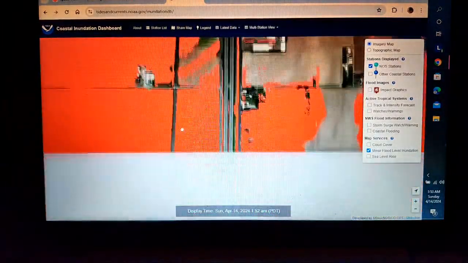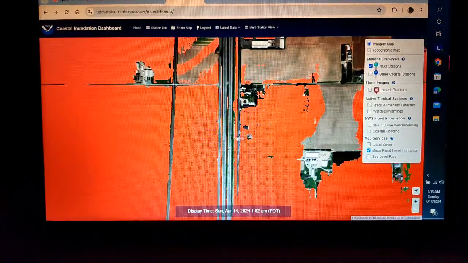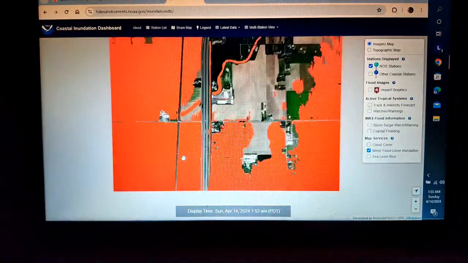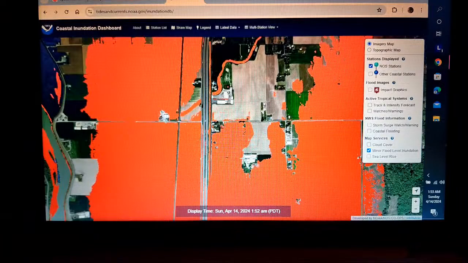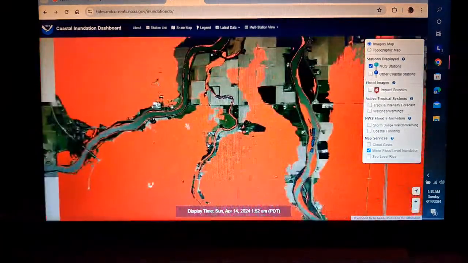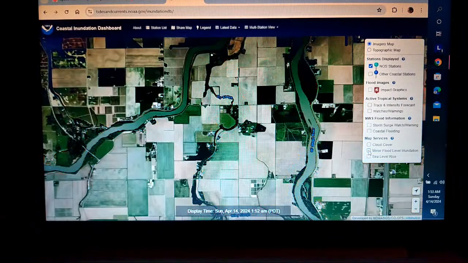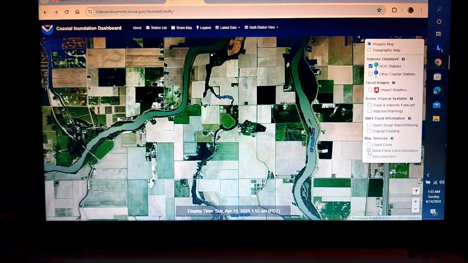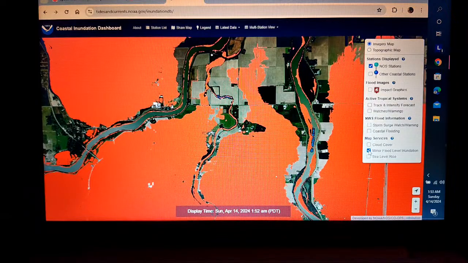But I was looking around last night, and there were freeways that had a big red stripe going right across them, bridges where you couldn't get on or get off. It was like I showed you earlier. You come over here, and you can go like this. That whole field area could possibly get flooded.